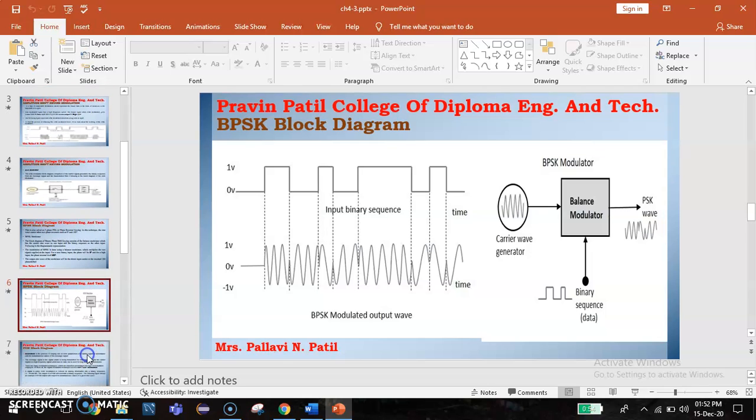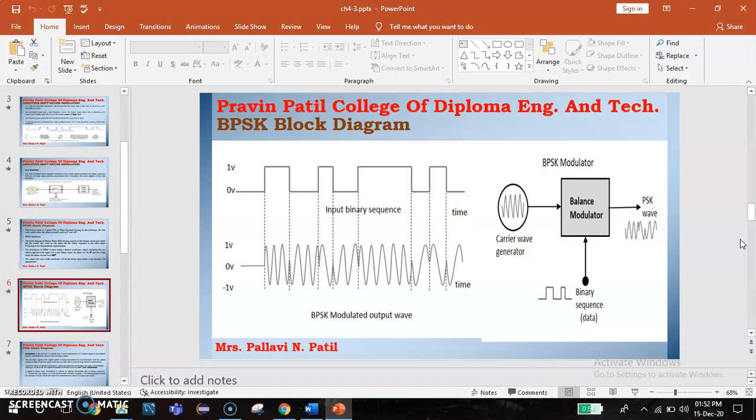This is the diagram. This is the BPSK block diagram, and this is the output waveform. The digital signal from the information source is a unipolar NRZ signal which is first converted into a bipolar signal. This signal acts as the modulating signal. The BPSK modulator is nothing but a multiplier followed by a band pass filter.